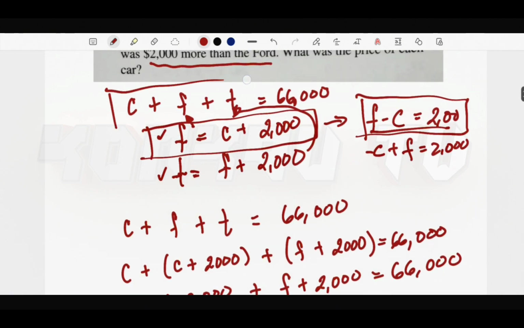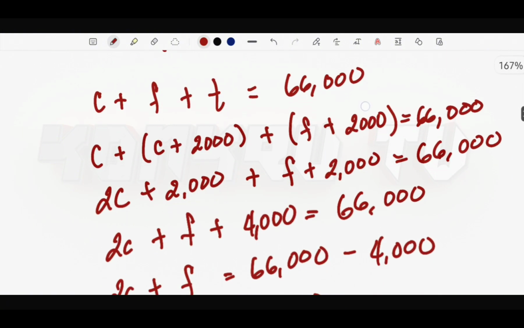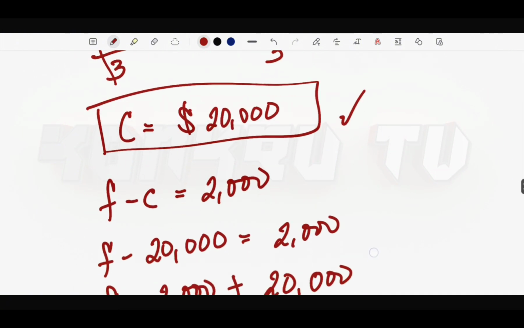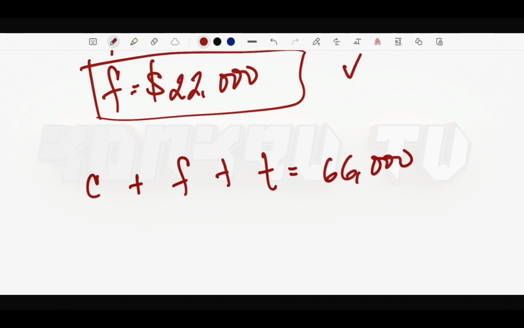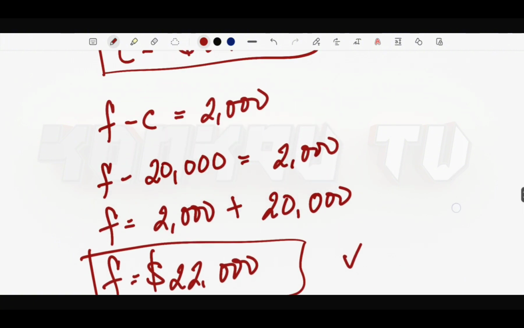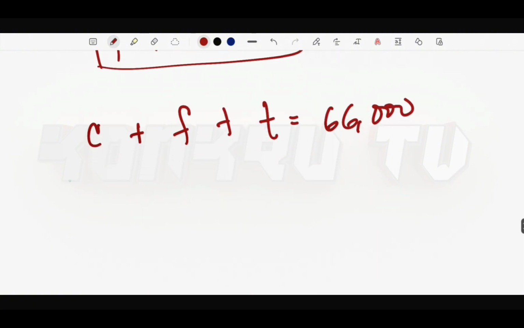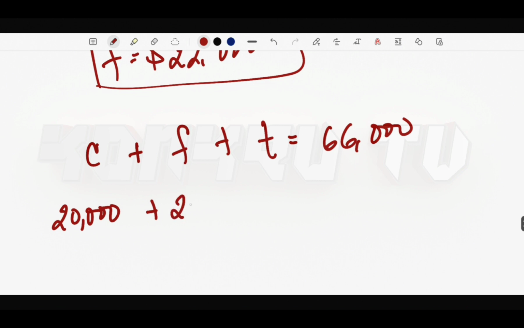So ito yung may complete set, yung equation 1. Scroll tayo. So meron tayong C plus F plus T is equal to 66,000. So yung C natin magkano? 20,000. So meron tayong 20,000 plus yung Ford is 22,000 plus T is equal to 66,000.